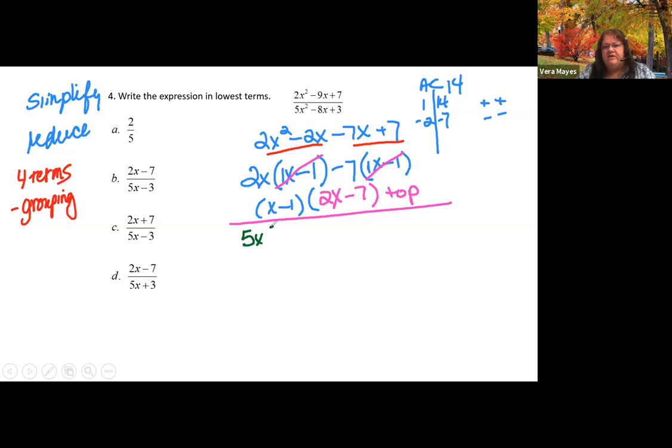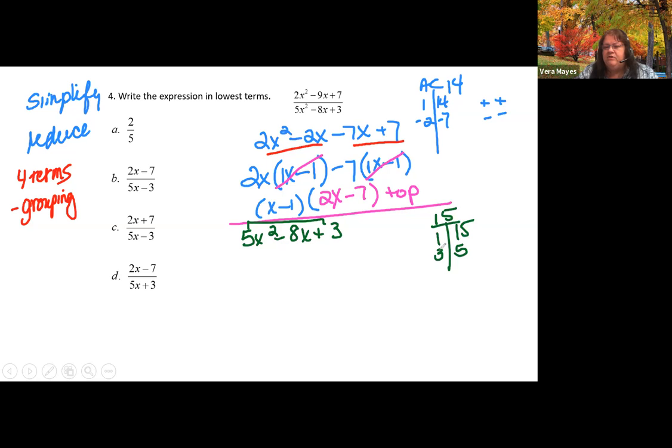So we've got 5x squared minus 8x plus 3. Using the AC method, we're going to take the 5 times the 3. It gives us a 15. Sorry, 1 and 15, and 3 and 5 are the only choices for this. So we look back to our middle term. We needed to get an 8.